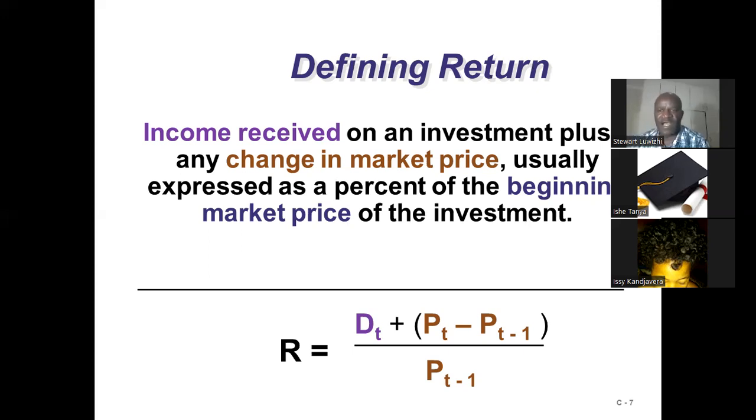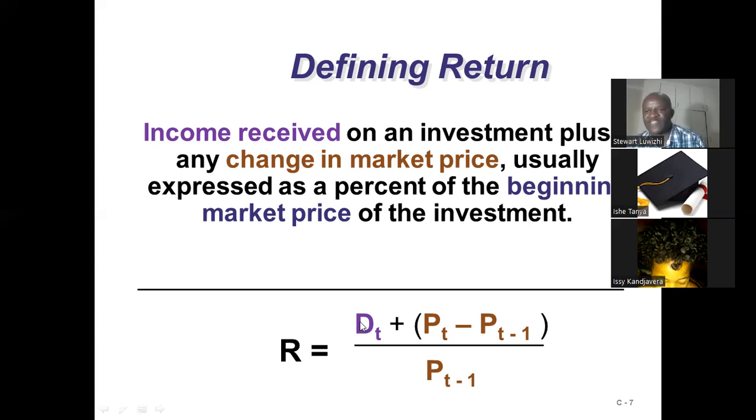Now, there is a formula that you can see down there. I hope you can see my cursor. If you look at that formula, it's R equals D_t plus opening bracket P_t less P_(t-1), over P_(t-1). Let me explain what is happening here. D_t represents the dividends.